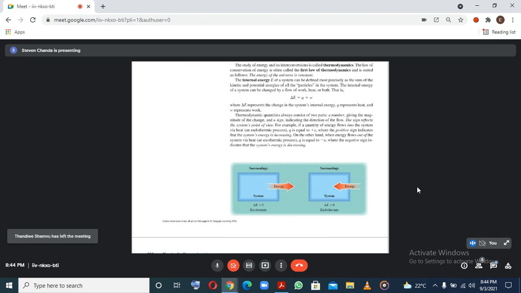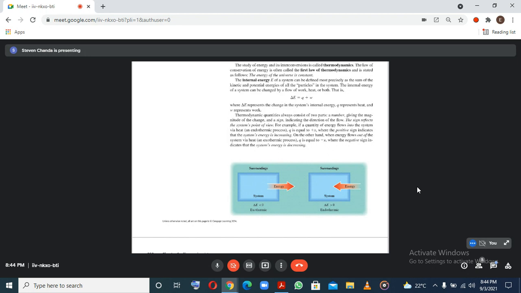The internal energy E of a system can be defined most precisely as the sum of the kinetic and potential energies of all the particles in the system. The internal energy of a system can be changed by a flow of work, heat, or both.